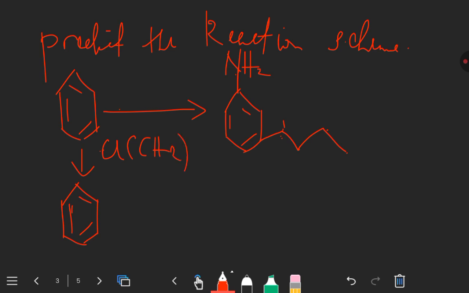Then because they are 1, 2, 3, I'll put a 3 outside. Then I'll say CH3 again. Then this reaction has to occur in a medium where there is aluminium chloride. Then once we perform this reaction, at this position we're going to add this alkyl chain, so it will be formed as such.